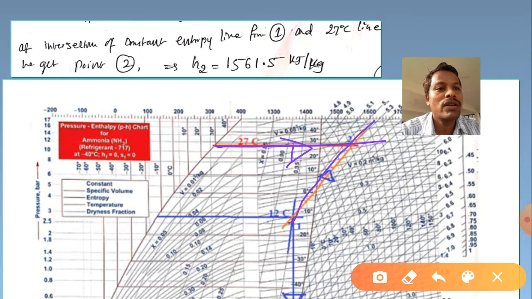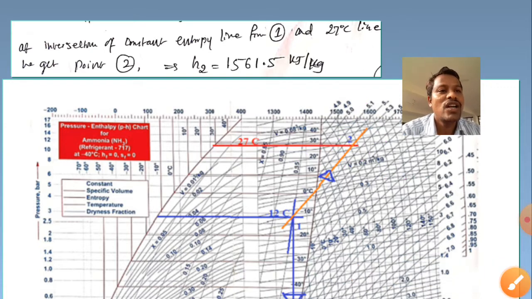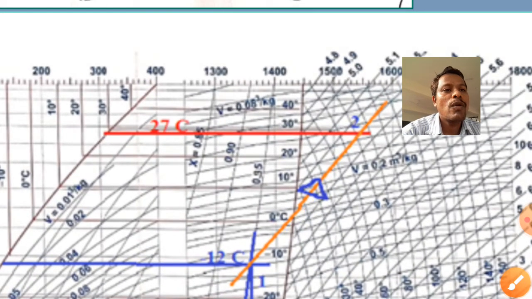Then wherever both intersected, I have marked this point of intersection as state point 2. From this point 2, if I move to the x-axis, I will get the enthalpy at state point 2. Now hope you have understood how to mark state point 2 on this ph chart.